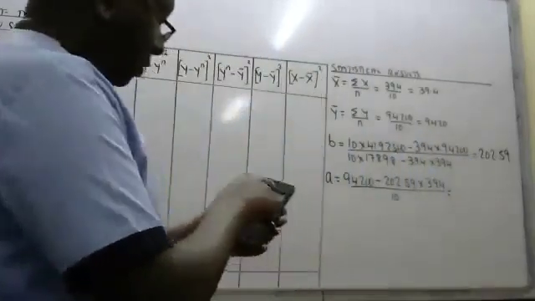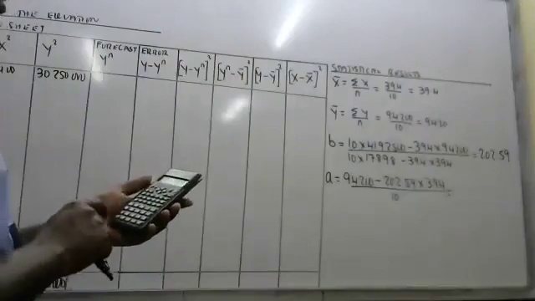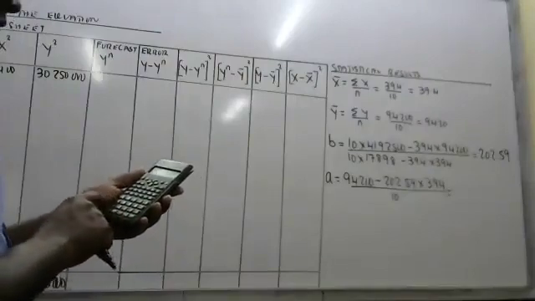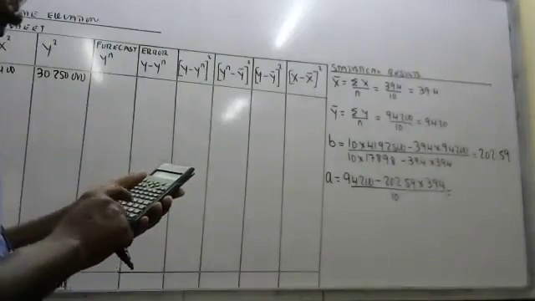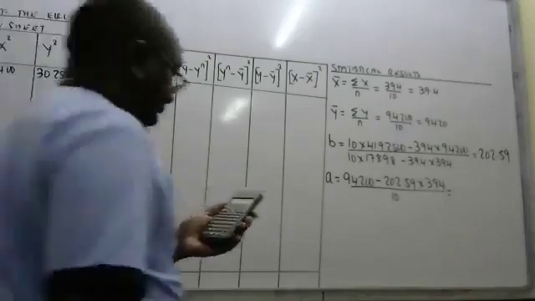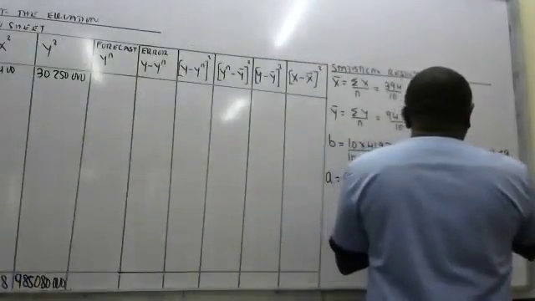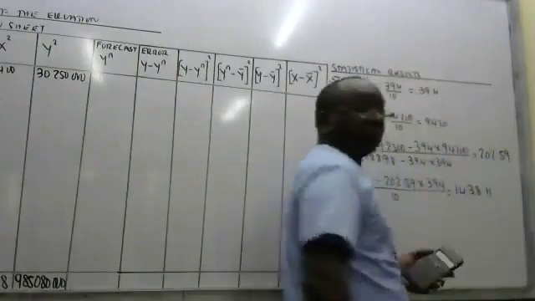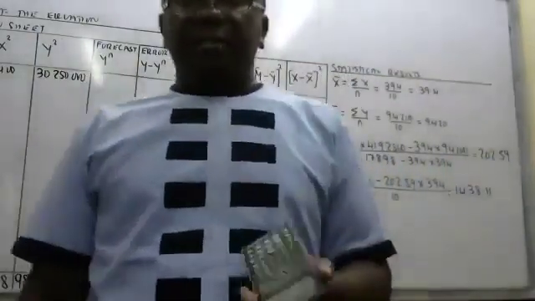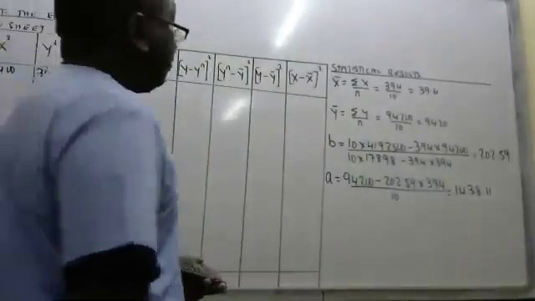So the way my calculator is, times 394 equals, then I say 94,200 minus the answer equals, divide by 10, I'm going to get 1438.11. I've not rounded the values of B, so that's why I have that.